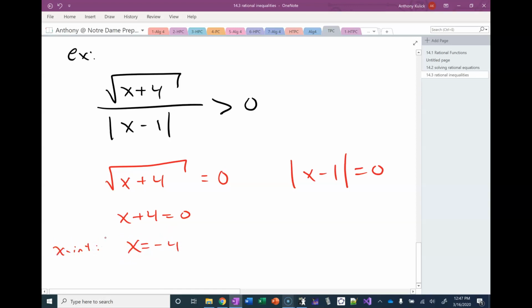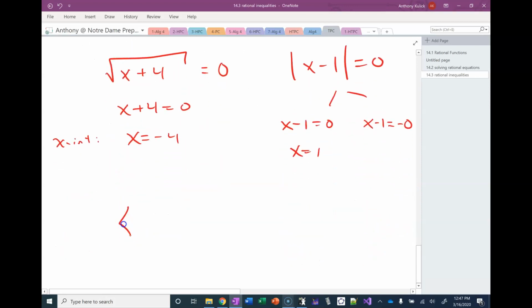So there's my x-intercept. Here, to solve an absolute value equation, I split it into two equations. One, where I keep everything the same except I drop the absolute value symbol. And the other equation where I negate the right-hand side. But the negative of 0 is still 0, so it doesn't really matter. We just get x equals 1.